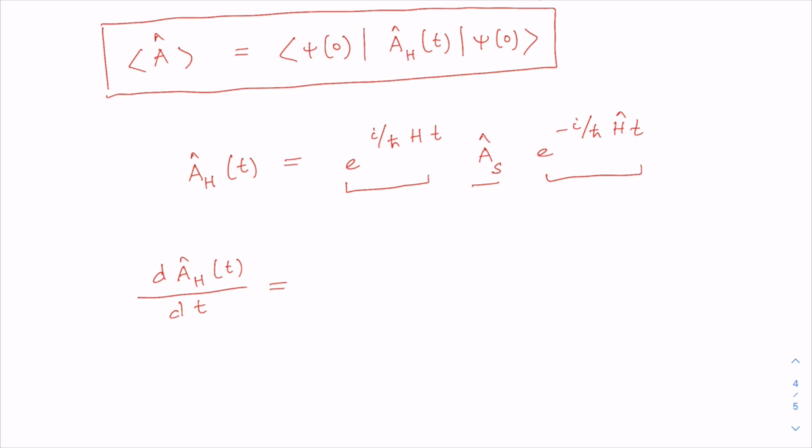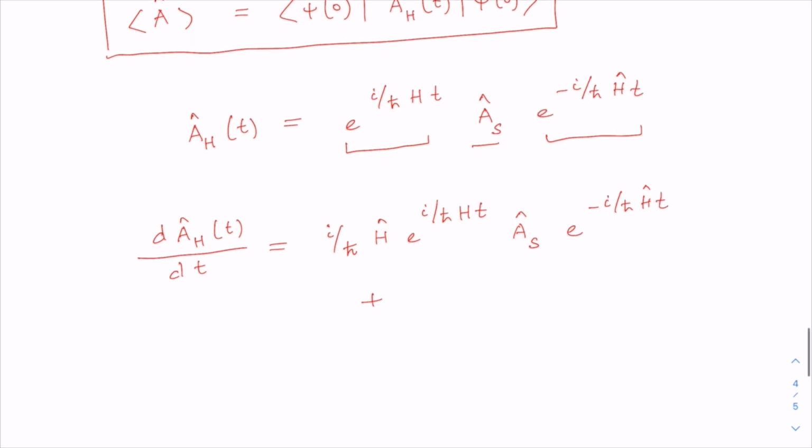So if I take the time derivative on both sides, I will have i by h cross H, e to the power i by h cross H t, A. So here I will have e to the power minus i by h cross H t, and then I will have another term e to the power i by h cross H t. As A is time independent, now the derivative here gives minus i by h cross H e to the power minus i by h cross H t.